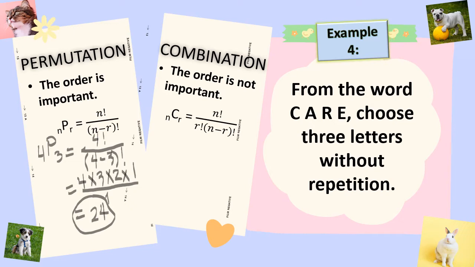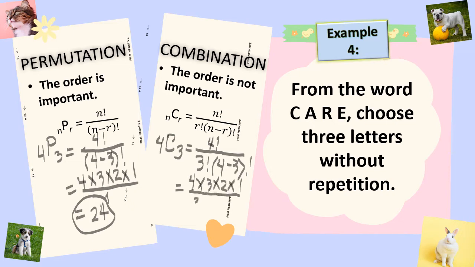So let's substitute the given values. 4C3 equals 4 factorial divided by 3 factorial, 4 minus 3 factorial. So expanding the 4 factorial, 4 times 3 times 2 times 1 over, ayan, 3 factorial.